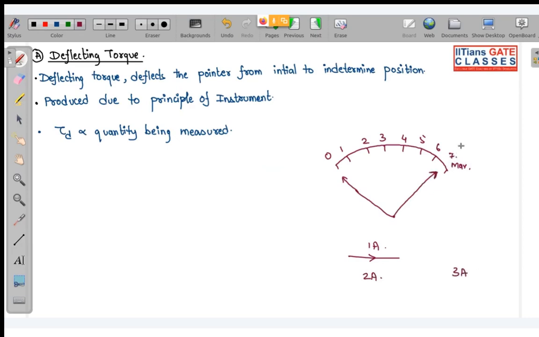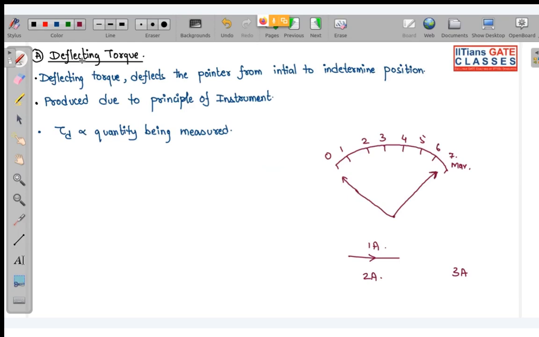So there is basically no differentiation between the current. That is why I have written that deflecting torque deflects the pointer from initial to indeterminate position. It actually deflects irrespective of the magnitude of the value.